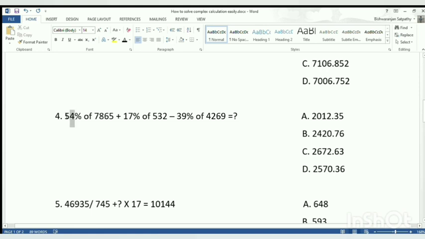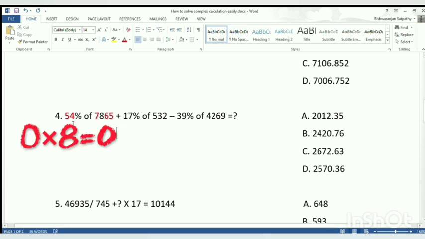5 plus 4 is 9, so we'll eliminate this. Okay, 7865. So 6 plus 5 is 11 and 11 plus 7 is 18. So 18 is 1 plus 8 is 9, so it will get eliminated. So 6 plus 5 will get eliminated and this 7 will get eliminated.